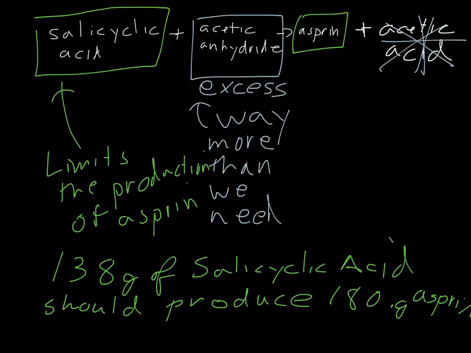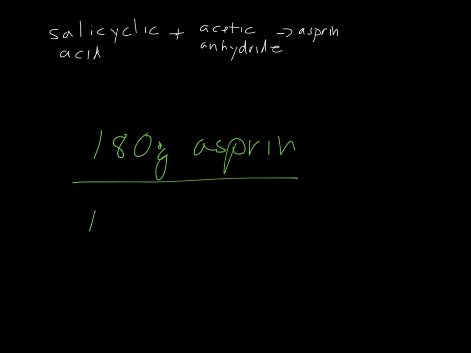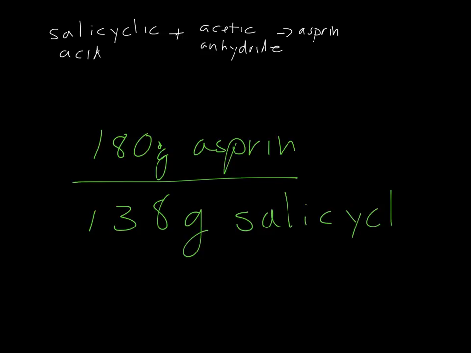In other words, we have a ratio of 180 grams of aspirin to 138 grams of salicylic acid.